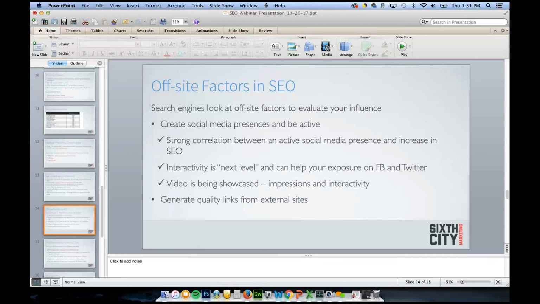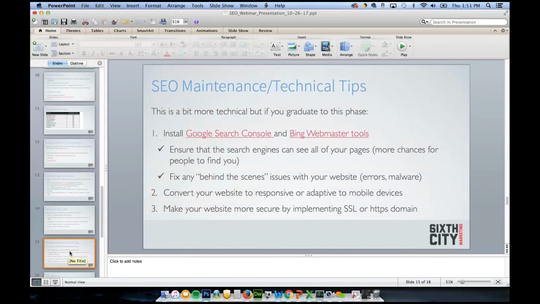We'll write about those companies and share it with them, kind of doing PR outreach, and say, hey, did you see we featured you on our website? Often they'll share that in social media or possibly even link to it. So it's something to keep in mind when trying to generate content that gets quality links from external sites that are relevant to you.